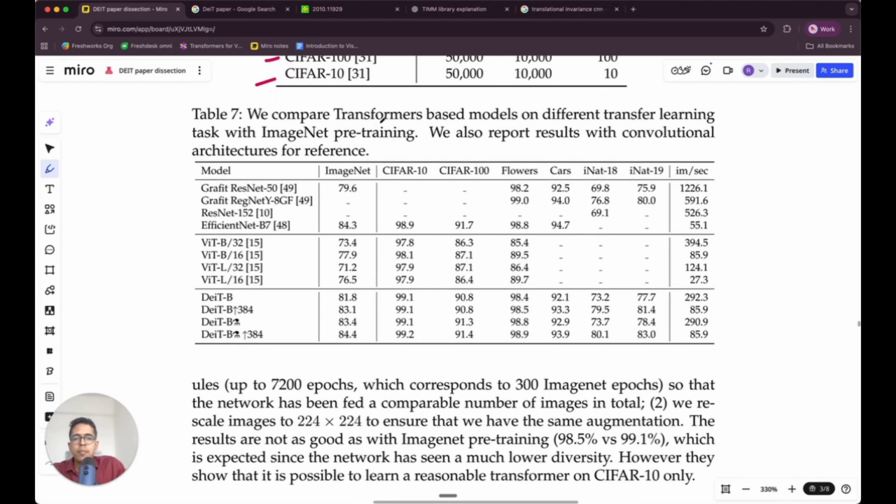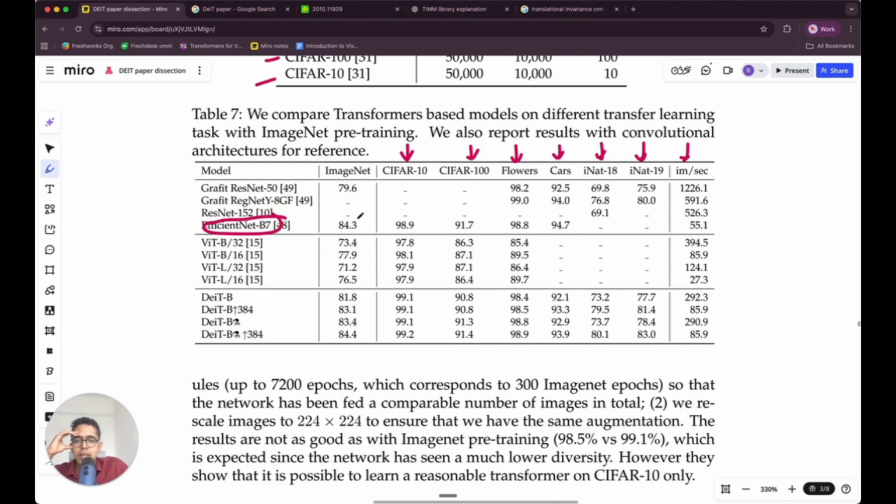Table 7, we compare transformer-based models on different transfer learning tasks with ImageNet pre-training. So after ImageNet pre-training, these are the results. And then these are all after fine-tuning, etc. Okay, and let's see the results. So first of all, if you look at EfficientNet B7, this is one of the best models.